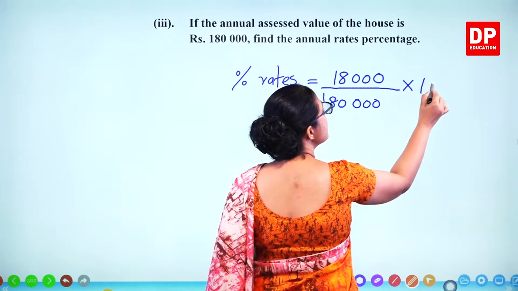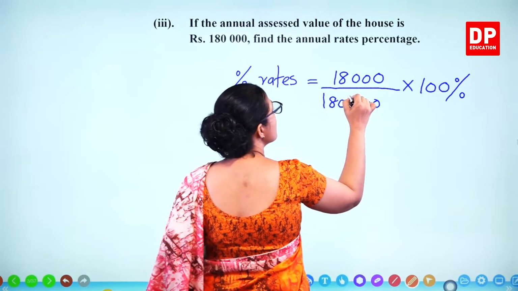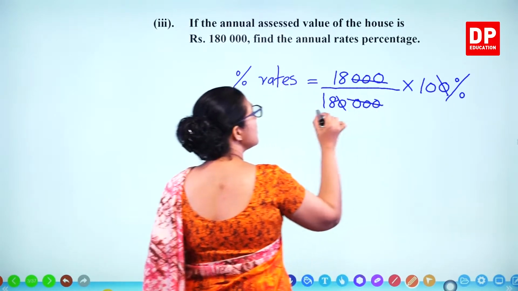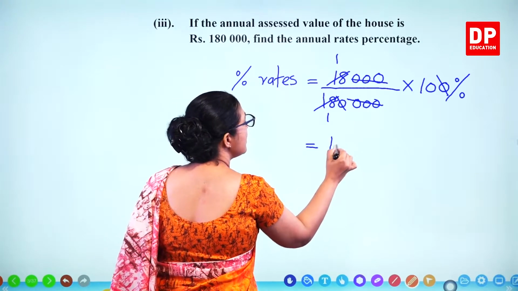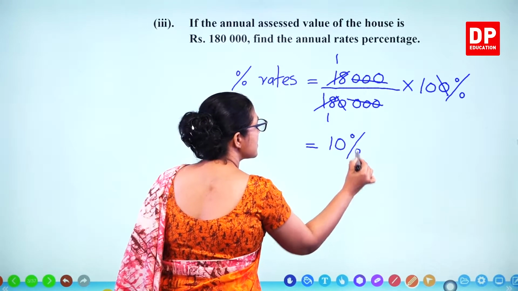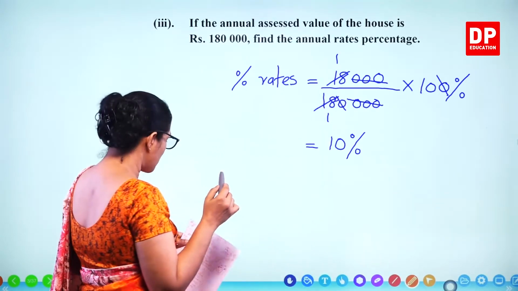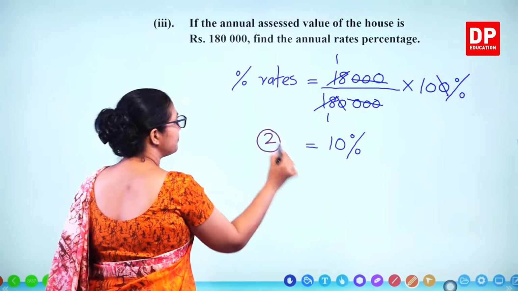To find out the percentage, you multiply by 100%. So 3 zeros get cancelled out, 1 zero gets cancelled out with this, 18 and 18. So 1 times 10, 10%. So how many marks for that one? You are getting 2 marks.